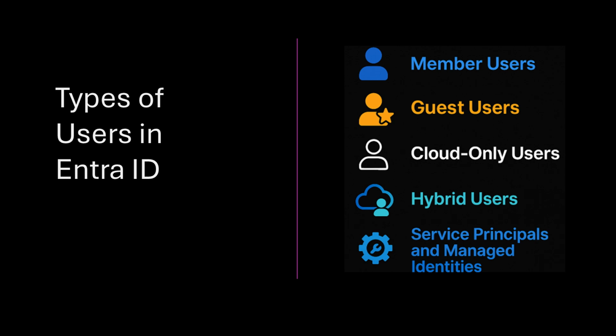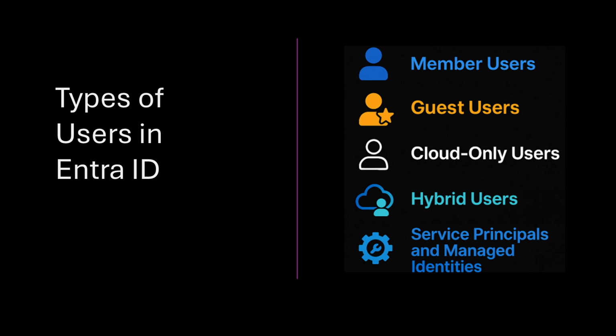You will use member users to represent your internal workforce, employees, IT staff, and even service accounts. These users are part of your organization's Microsoft Entra tenant and can either be created directly in the cloud or synchronized from your on-premises Active Directory. You'll recognize them by their user type as member.